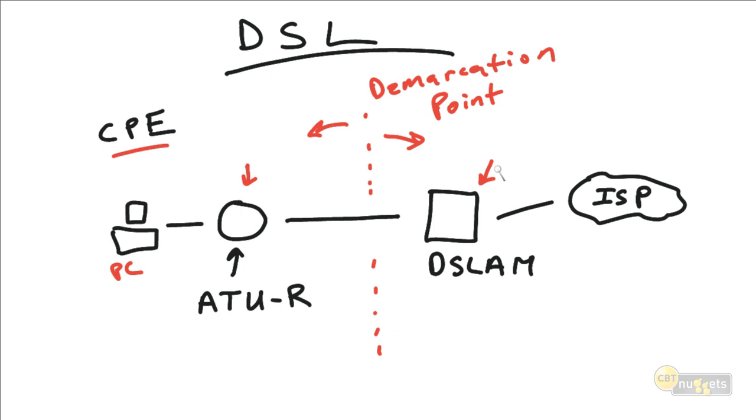The DSLAM is a DSL access multiplexer. So it's taking in a bunch of signals from a whole bunch of DSL subscribers. What does the DSLAM do? Well, it forwards the data into the service provider's cloud, where sure enough, any number of technologies might be going on.